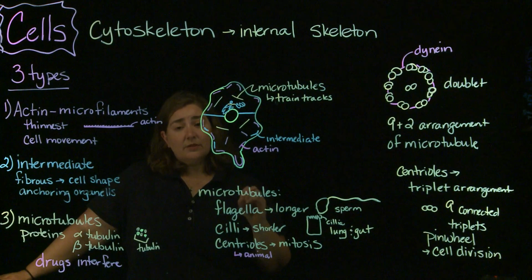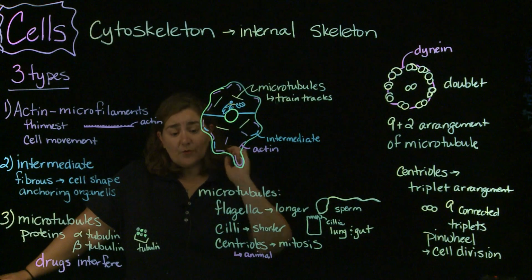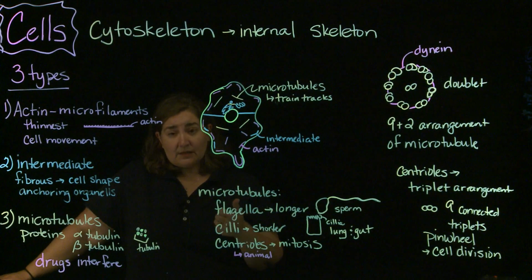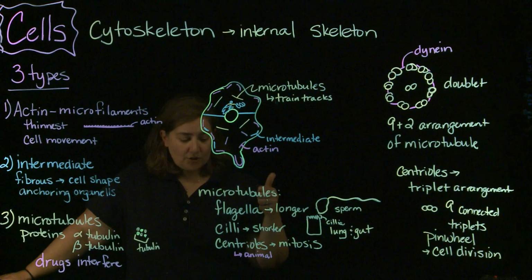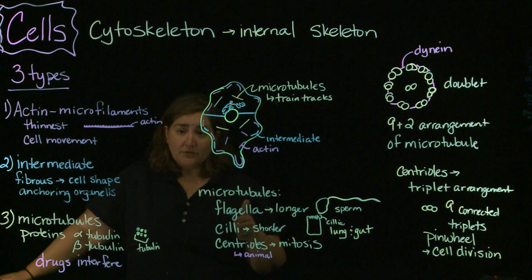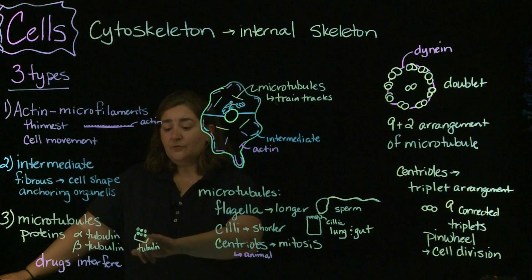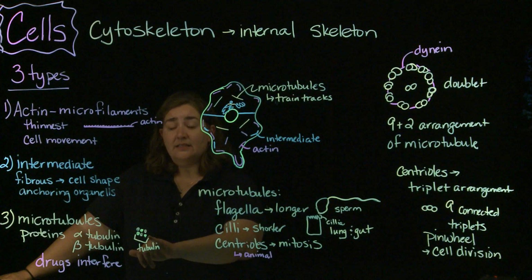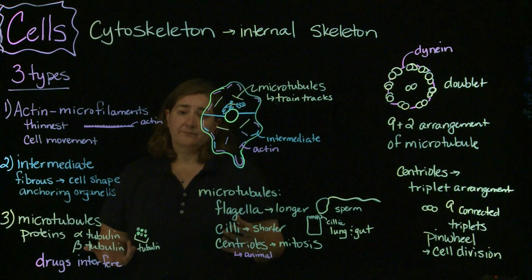And that's going to be really important because some of these drugs, I've got some of these listed in your PowerPoint, but Taxol is a chemotherapeutic drug that's used to treat cancer patients. That Taxol prevents microtubules from forming those alpha-beta dimers. So the microtubules kind of fall apart.